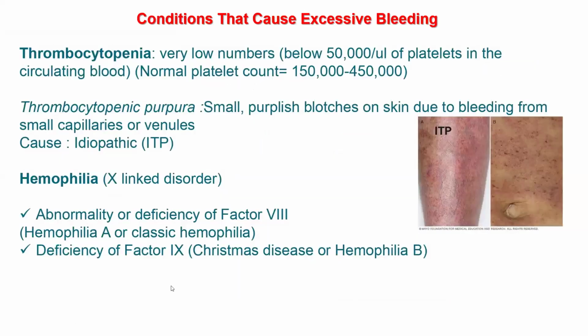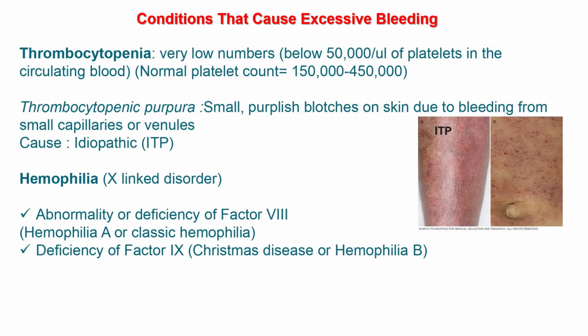Conditions that cause excessive bleeding. Some people have bleeding that could be superficial within the skin, mostly due to platelet disorders. These could be an increase in platelet numbers, an abnormality related to a decrease in platelet numbers, or related to the formation or structure of platelets and their activation.